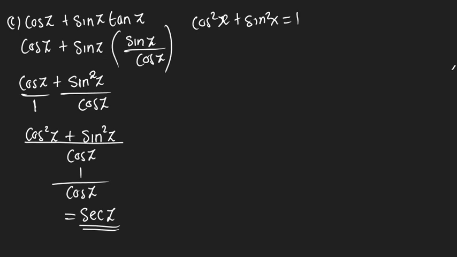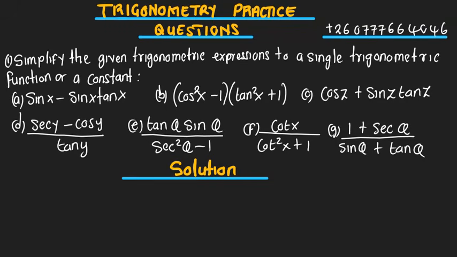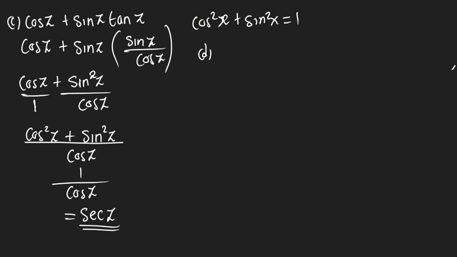Now, let's find another one. We can do D. What is D saying? D is secant y minus cosine y over tan y. So you have your secant y minus cosine y over tan y.